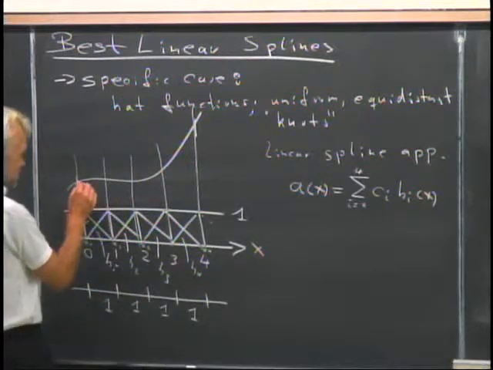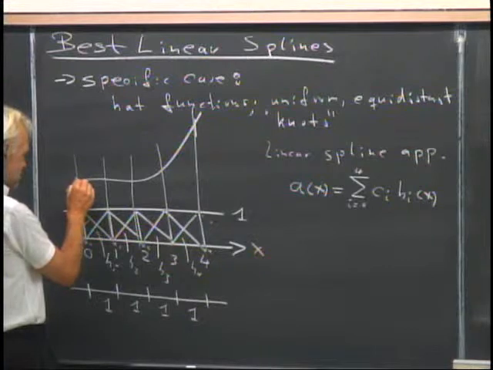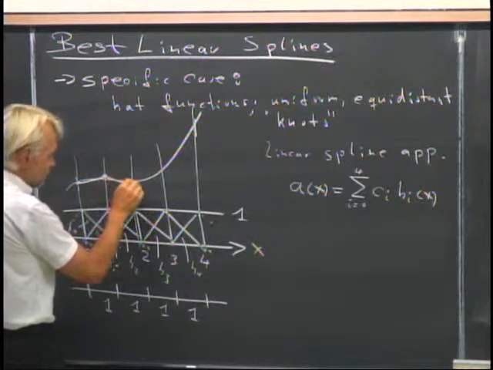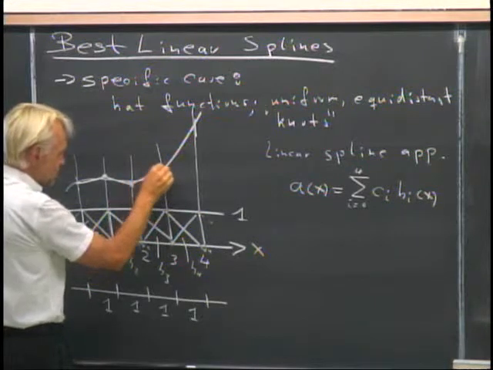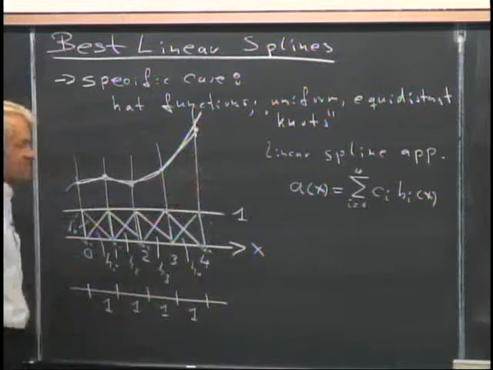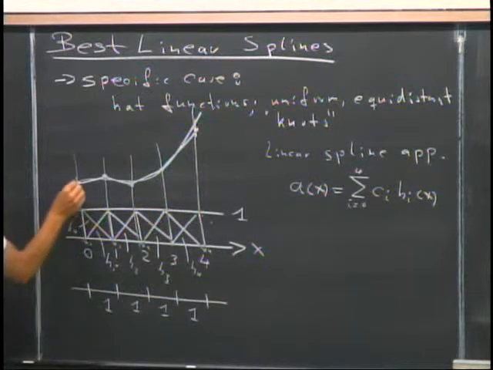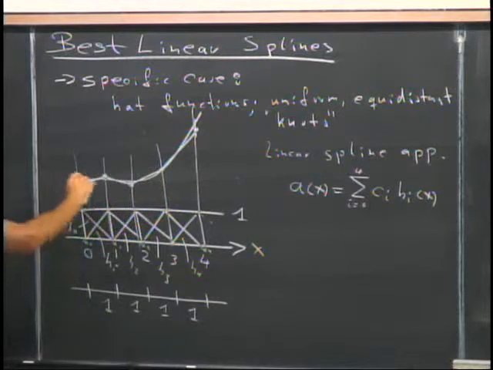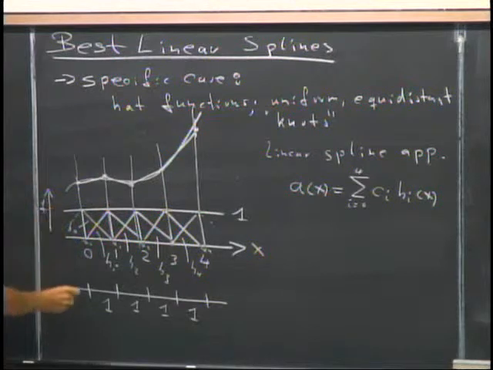Then just by inspection you see that probably something like this is pretty good. Start here, go there, go there, go there, and then something like that. So it already gets pretty good. The interpretation of the coefficients is the ordinate values in the function direction, f direction.